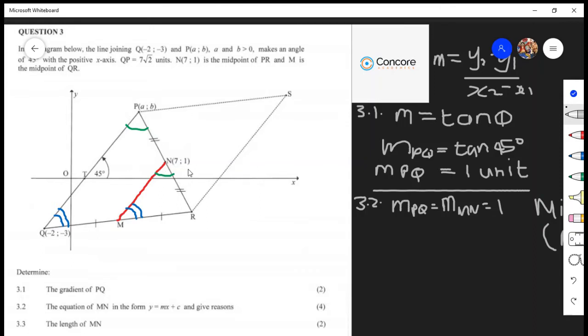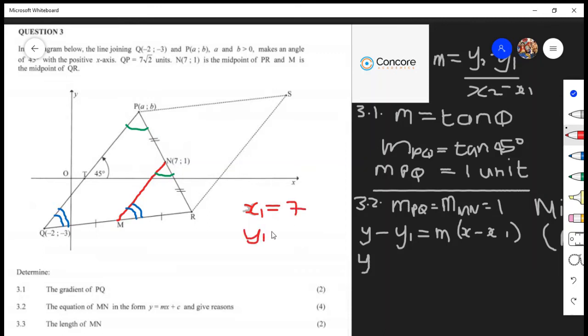So we've got y minus y1 is equal to m times (x minus x1). And this is our equation of a line formula, right? So we're going to substitute using our coordinates of N. The x coordinate of N, which is x1, is equal to 7, and the y coordinate of N is equal to 1.